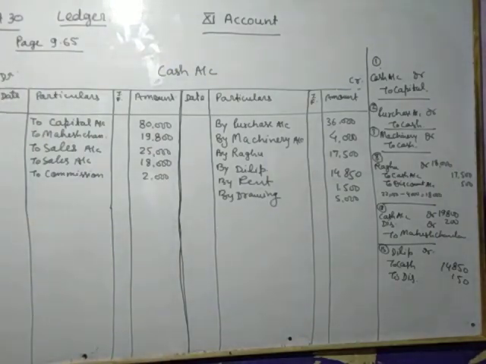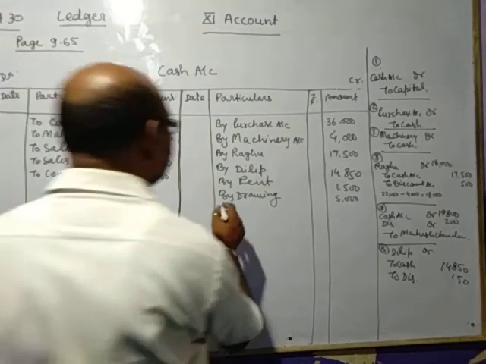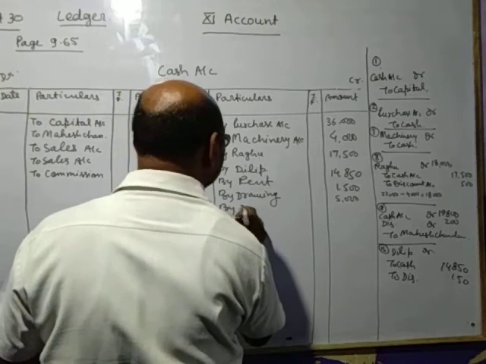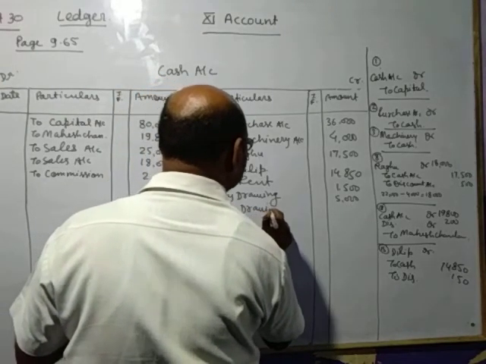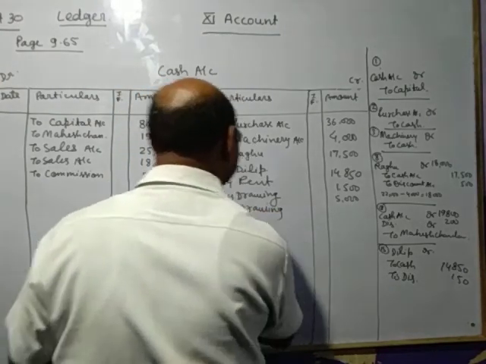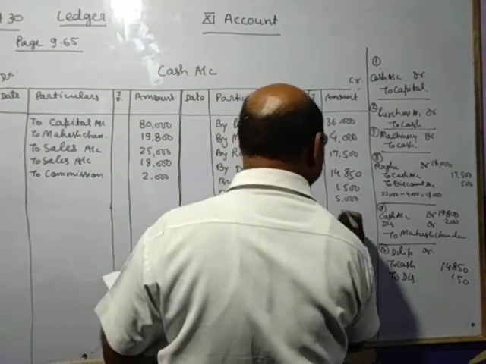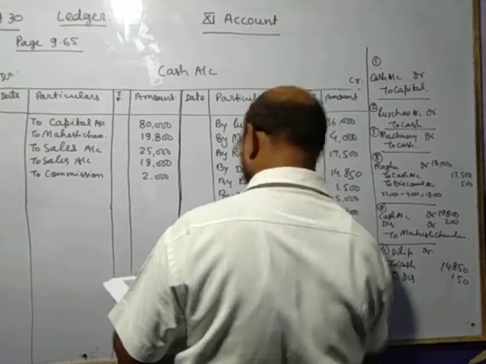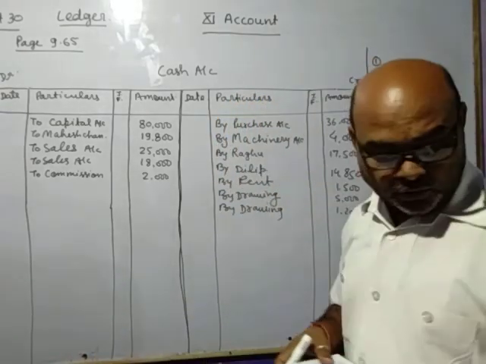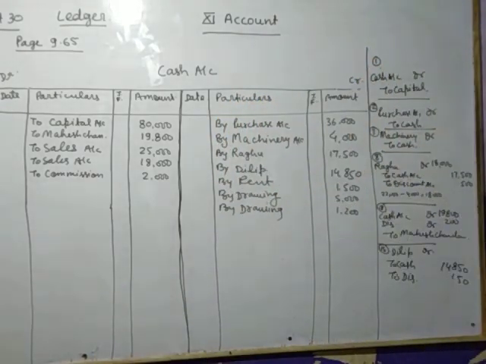This is for the proprietor's house. So this is also drawing. So drawing account debit to cash account. So by drawing, now the amount is 1,200.